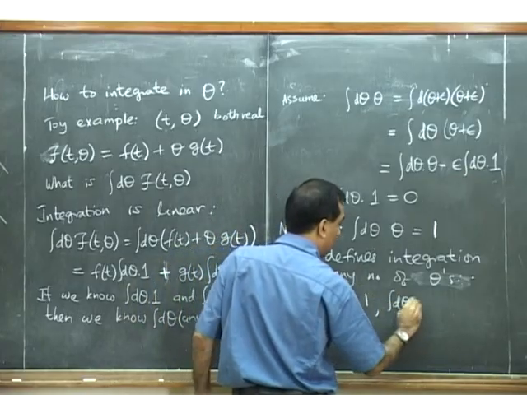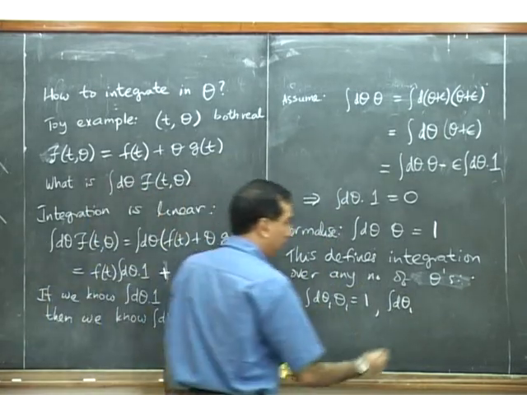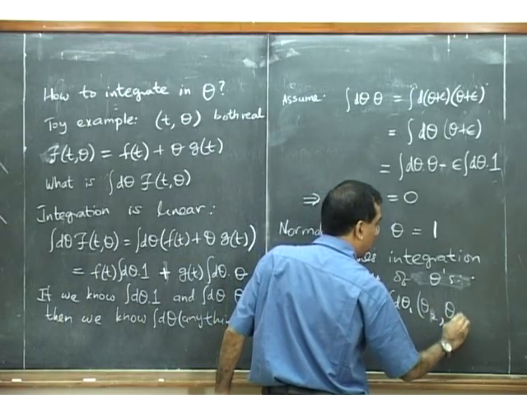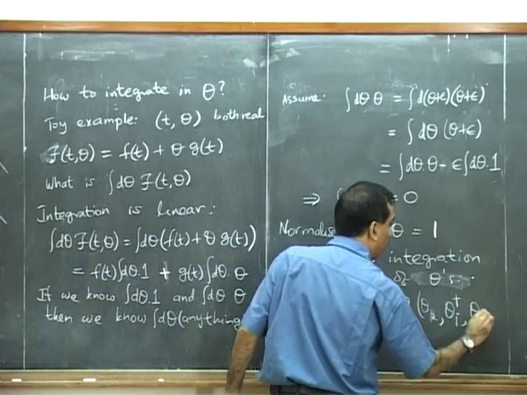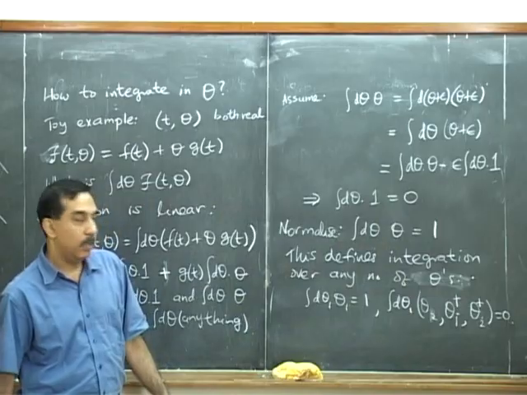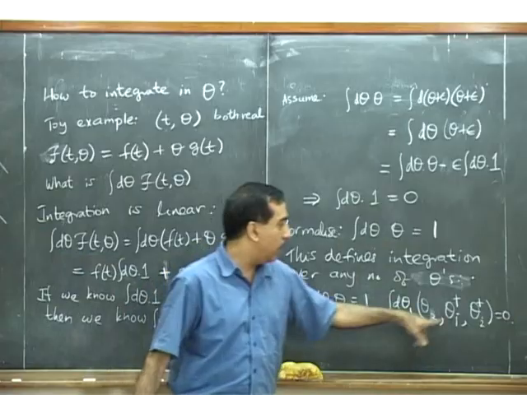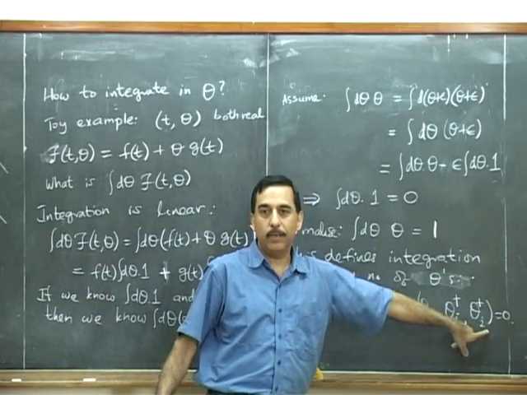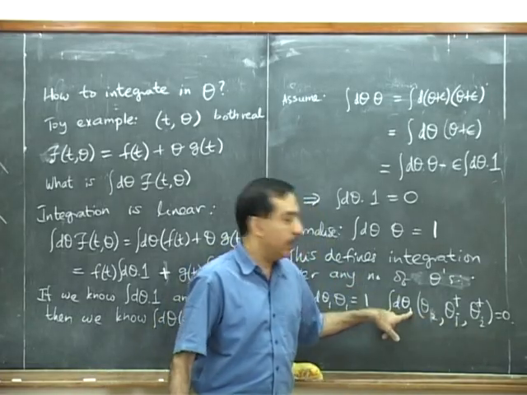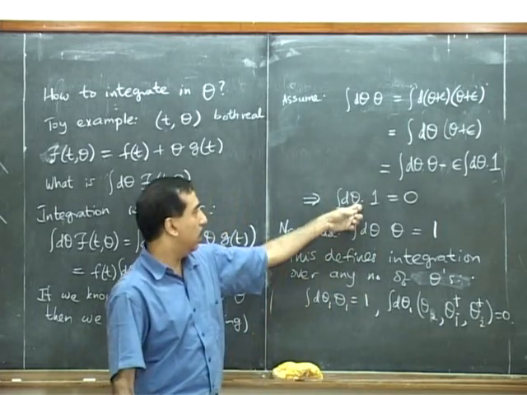And integral d theta 1 of any of theta 2, theta 1 dot, theta 2 dot, and their daggers are all 0, because the independent variables are theta 1, theta 2, theta 1 dot, theta 2 dot. These three are independent of theta 1, so they can all be taken out of the integral sign, and I get 0. Then I use this one to get 0.